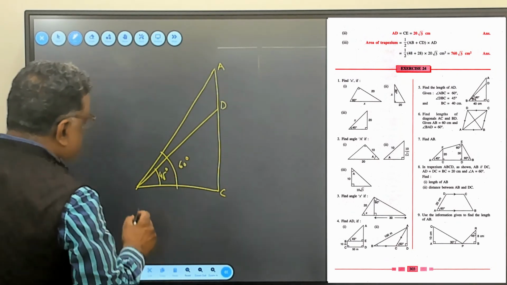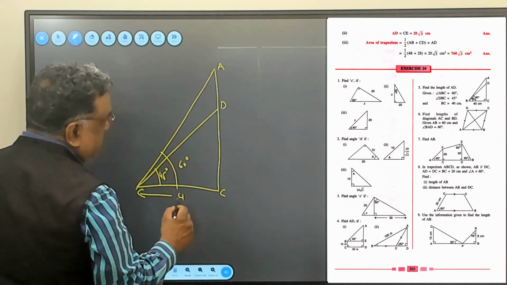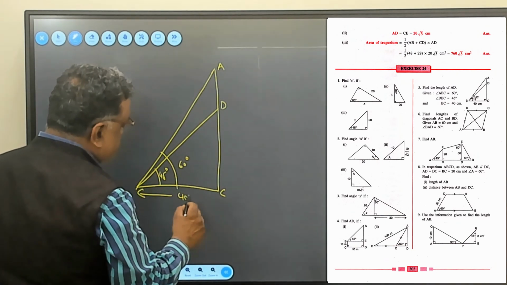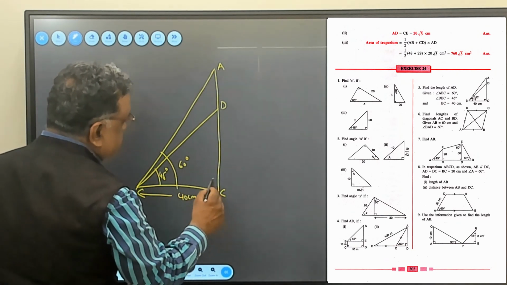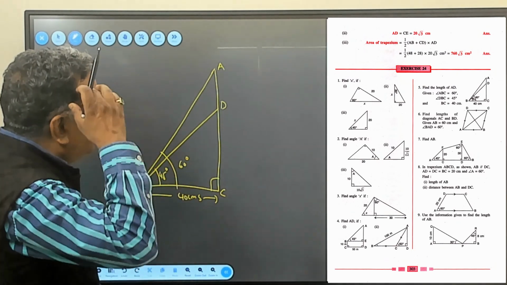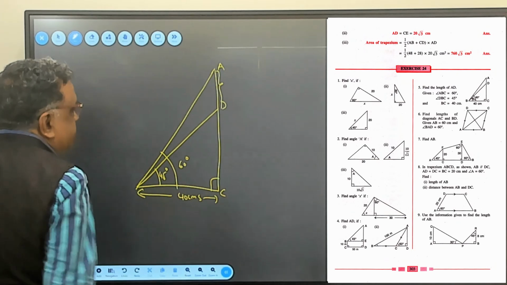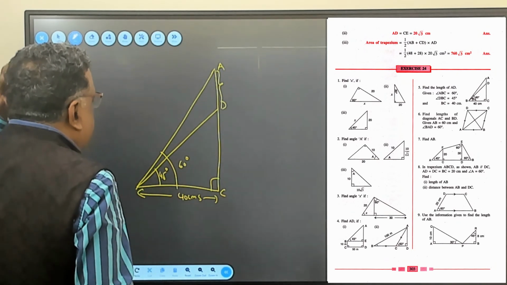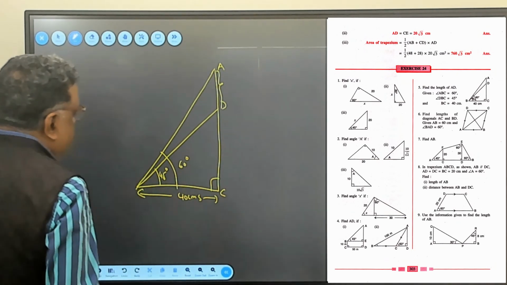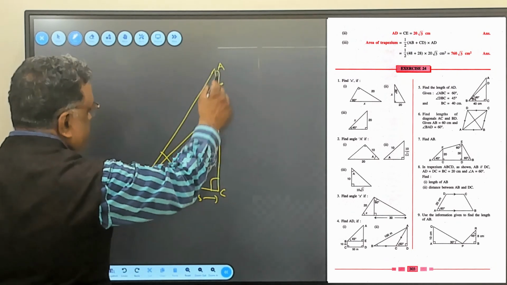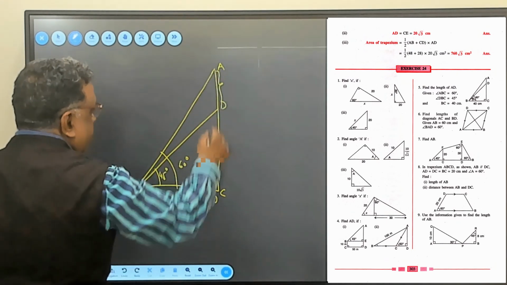And BC, this is given to me as 40 centimeters and this is 90. I have to find out this length. Okay. So if I have to find out this length, let me first take triangle AC, this bigger triangle.